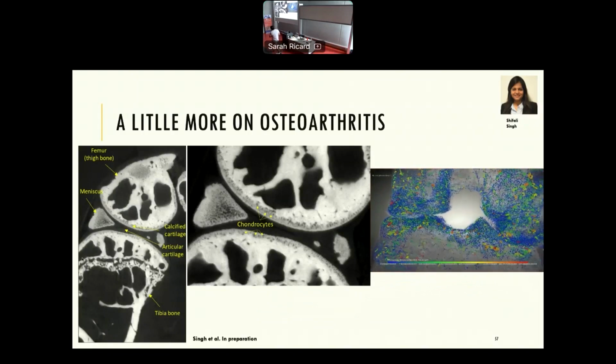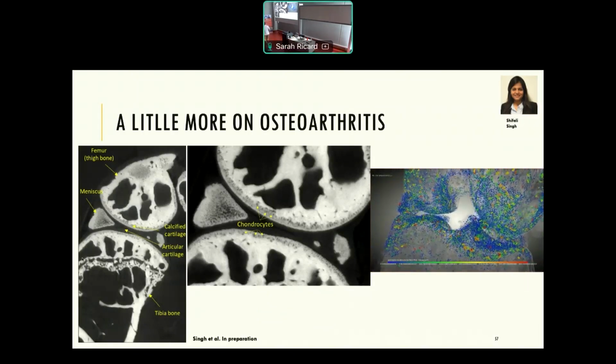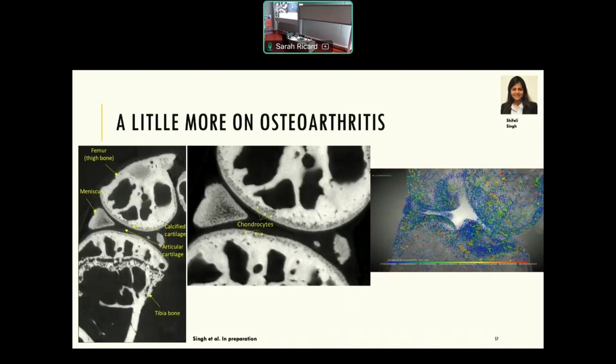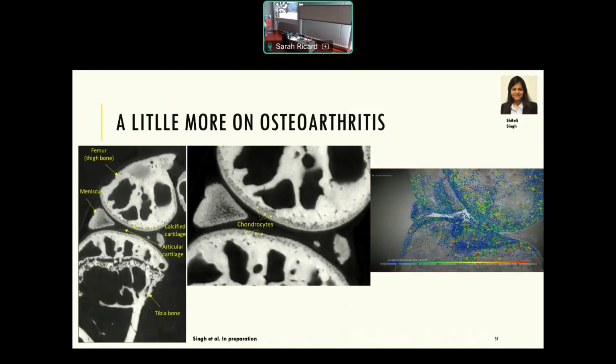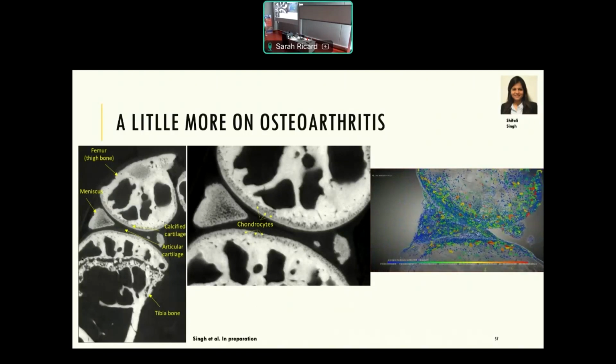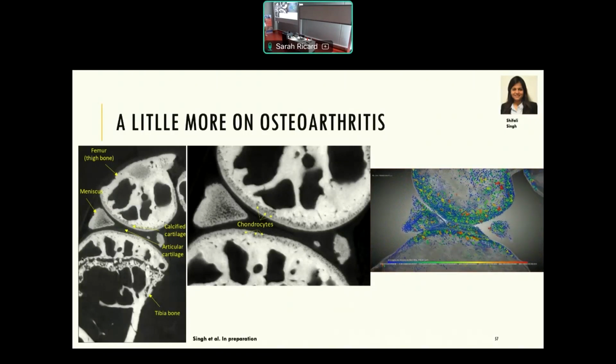So these are images. This is with a bone window, but you can actually see here the cartilage, the articular cartilage of the mouse. And you see here the meniscus that are calcified for this mouse.